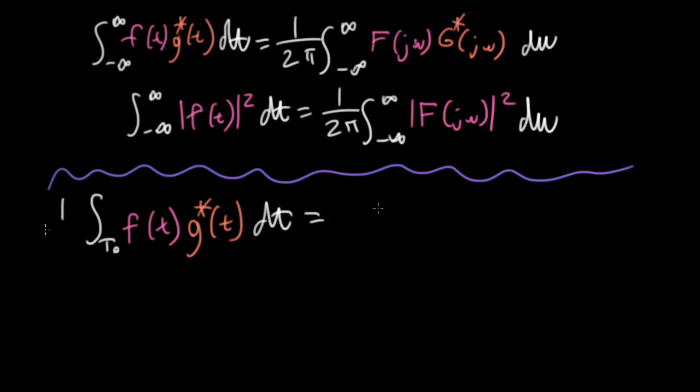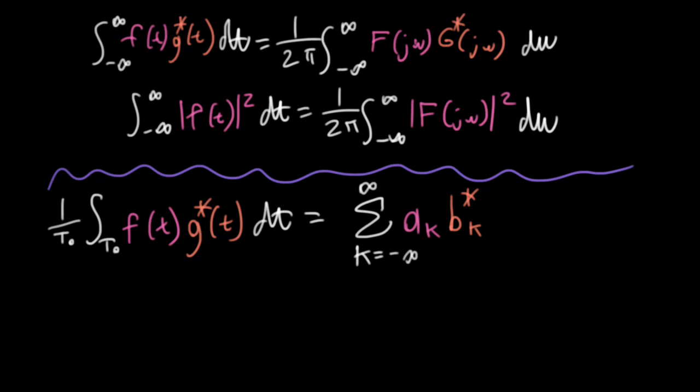Oh, and we also need a 1 over T naught in front. Well, this is going to equal the sum of the associated Fourier series coefficients. So let's write the ones for f as a_k, and let's write the ones for g as b_k. And we do need to put a complex conjugate here. So this is now like an inner product over these Fourier series coefficients.